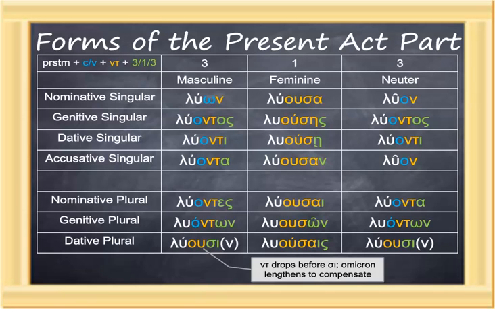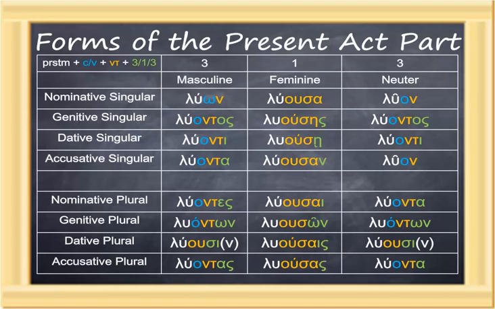The adding of the sigma iota causes the nt to drop out, and the omicron lengthens to omicron upsilon to compensate. That's the explanation. The challenge here is this form looks exactly like the third person plural present active indicative, and so context will determine which form it is. The final forms, accusative plurals, are luontas, lousas, and luonta.